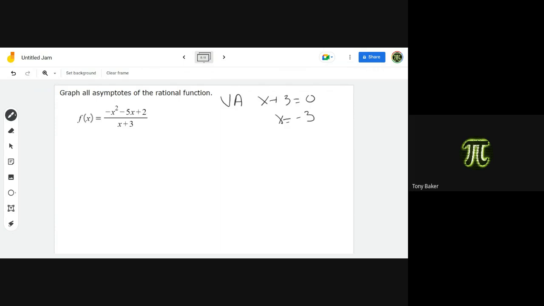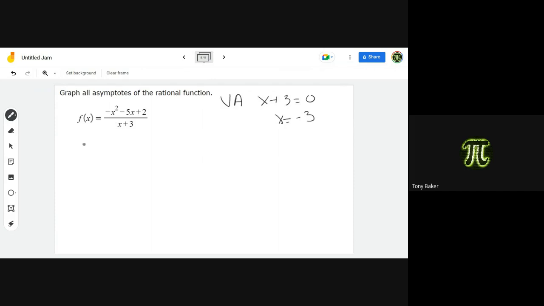Why is that nice? Because if it's linear and I'm dividing, I can use synthetic division. I could always do long division, even if it was a quadratic, but since it's linear on the bottom, synthetic division makes my life a lot easier.